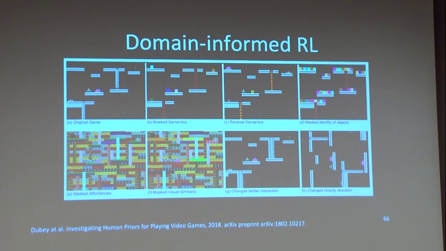Okay, so this is a recent 2018 paper, where they were trying to play an Atari game and analyze the human priors. Okay, so the first frame shows the original game. And they let the humans learn this game, and a reinforcement learning agent learn the game.